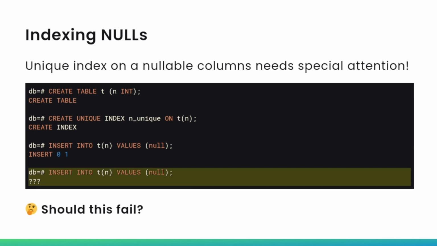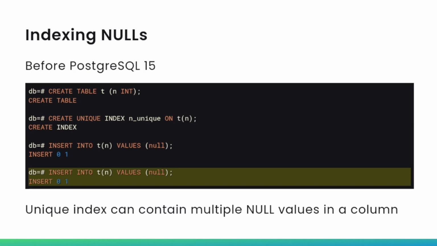So what should happen? Okay, take a second, think what should happen. So we already have a null in the table, and now we're trying to add another null. We have a unique constraint in place because we don't want duplicates in the table. So what should happen? Before Postgres 15, this would pass because in SQL, null does not equal null, okay?